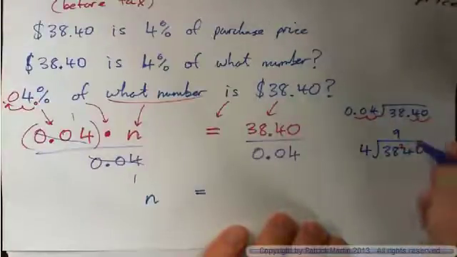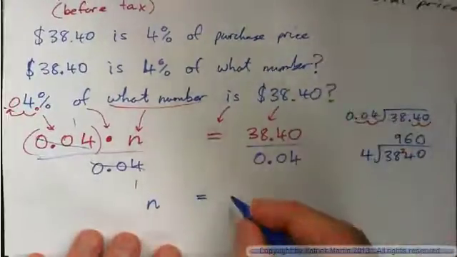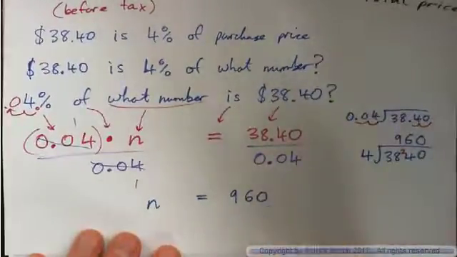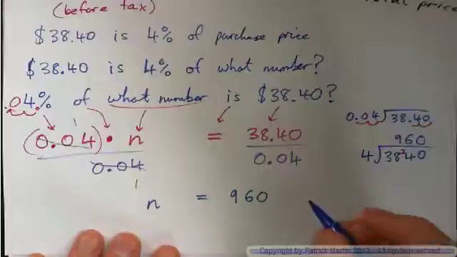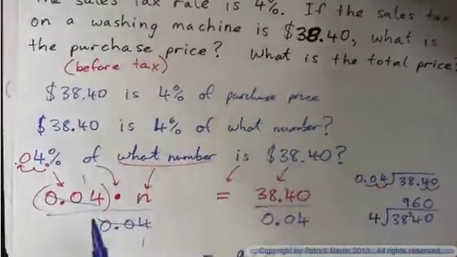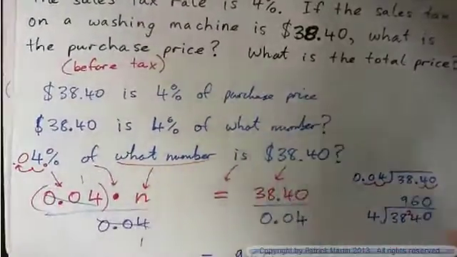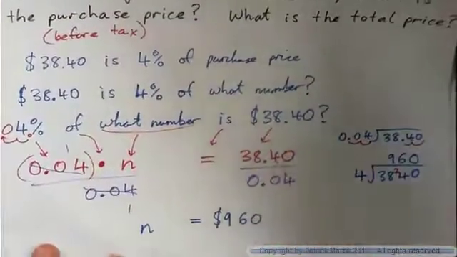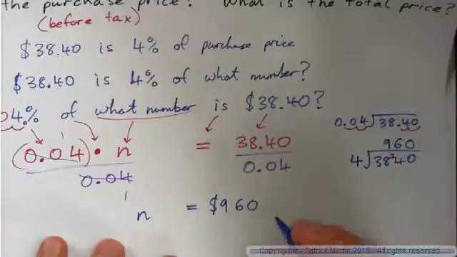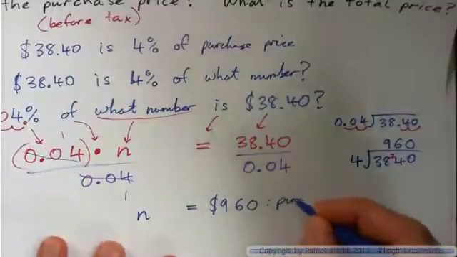What's 4 into 24? 6. And what's 4 into 0? 0, right? So we have n equals 960. What does 960 represent? We figured out 4% of what is that? 4% of $960 is $38.40. So this is the purchase price, isn't it?